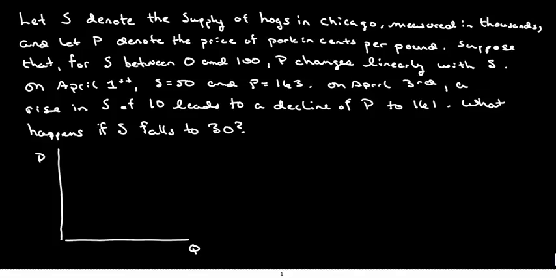We look at what happens to the quantity as the price changes. This is what we call the demand curve. As the price drops, people demand more. As the price rises, people demand less. So we have this relationship.